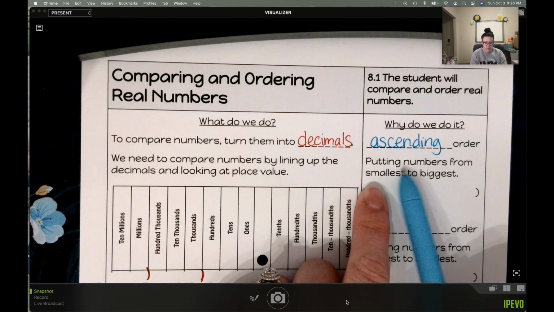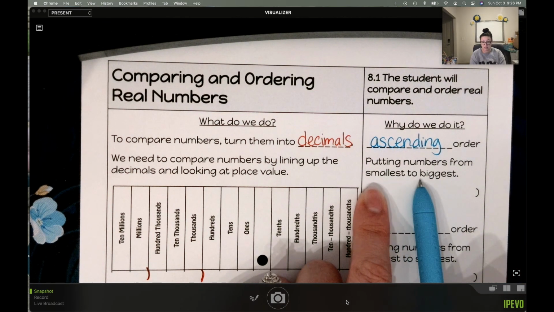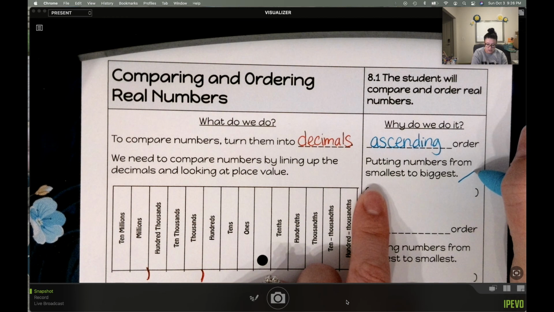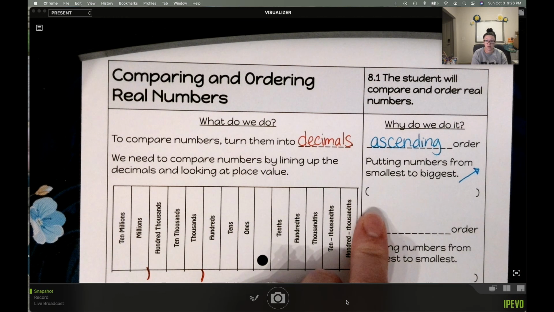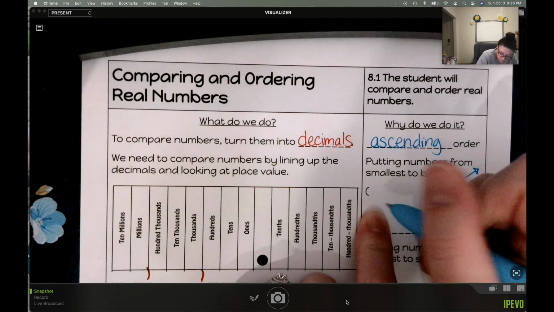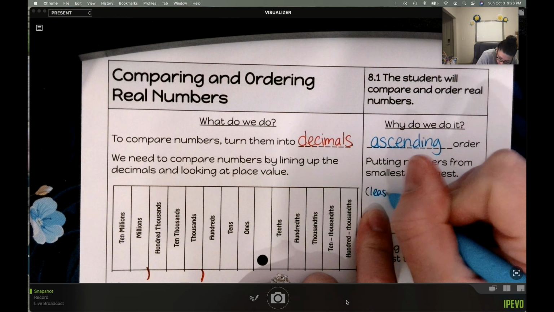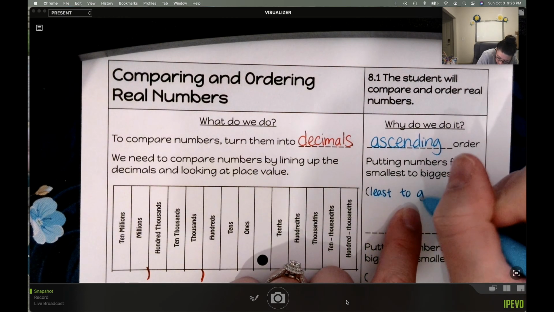Ascending order means that we're putting numbers in order from smallest to biggest. Our numbers are going from low to high, from small to big. You might also hear least to greatest.